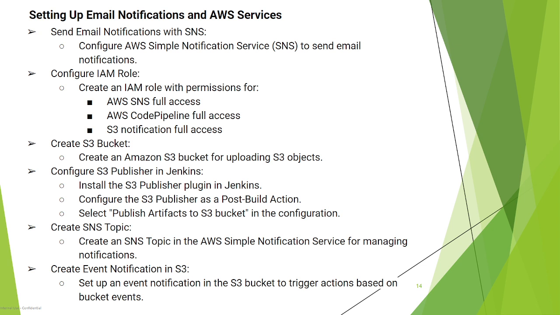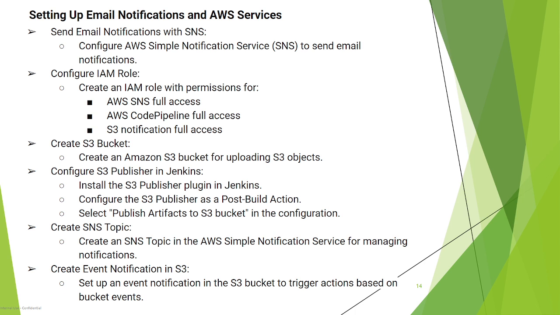Next, you need to configure an IAM role. To create an IAM role with permissions, you need to give full access for AWS SNS, AWS CodePipeline and S3 notification. Unless you give full access, it will not be able to access your Jenkins data.